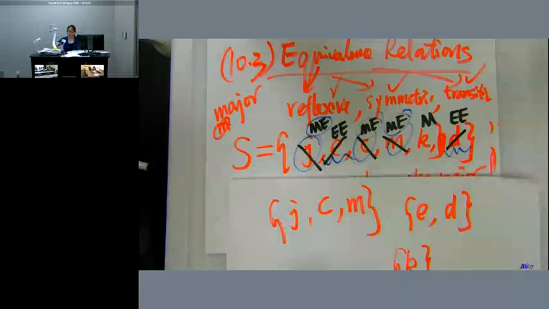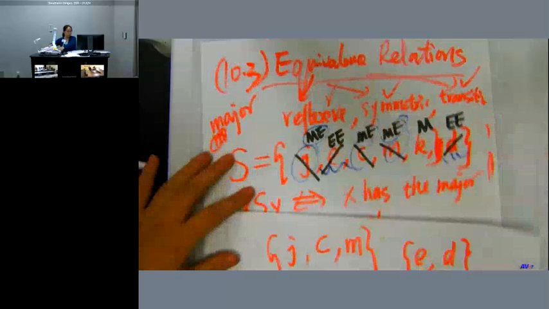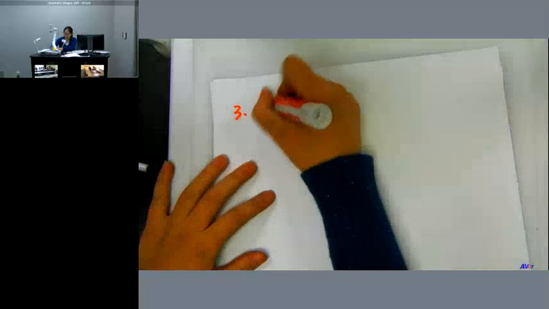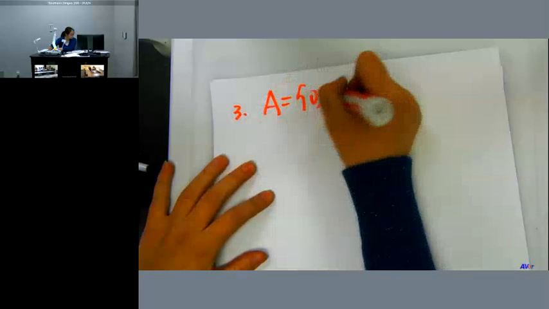What if you don't really have a real life situation? You're just going to have, say, some numbers and a relation defined. Maybe two examples. So homework is number 4, so I can do number 3. So number 3, it says A is 0, 1, 2, 3, 4.